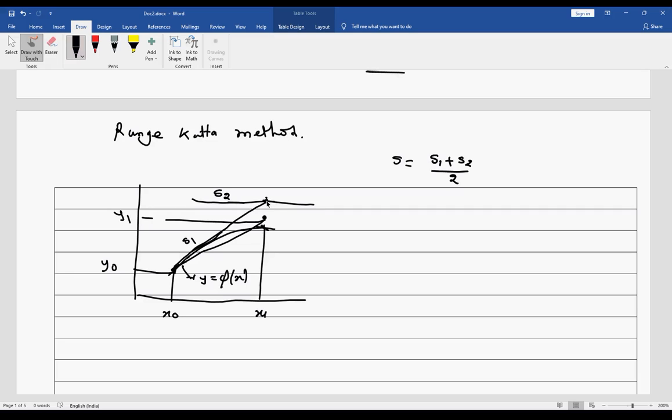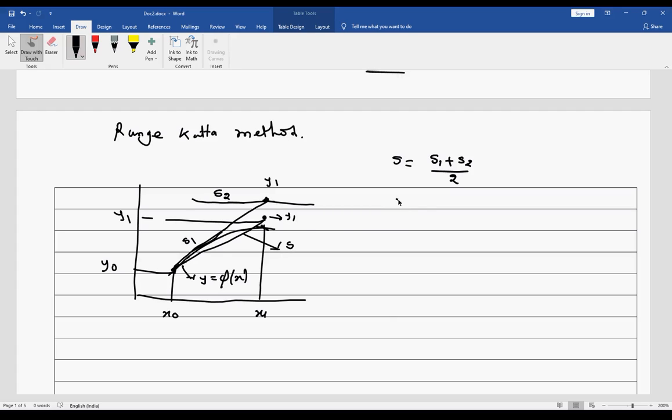Previously, if I had S1 only, this could be my value of y1. Okay, and I use the S2 slope at this location, take the average, draw the line again, and I reach this value of y1. So you can see there is an improvement in accuracy. This S is the average of S1 plus S2. This is the way we do it, and with this average I get the value of y1.